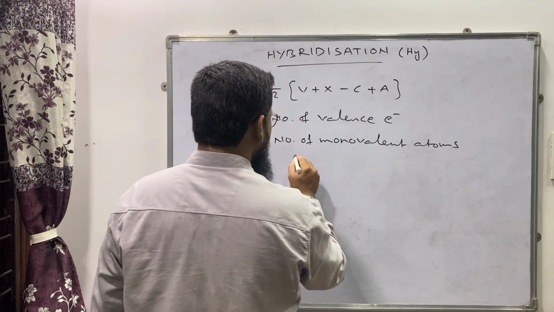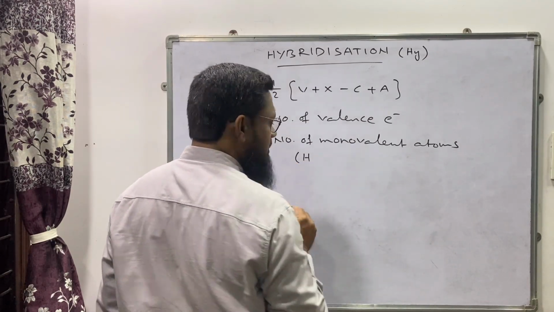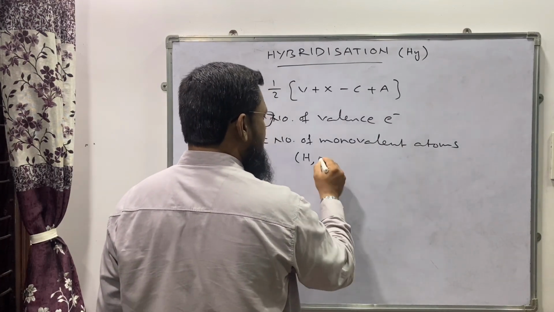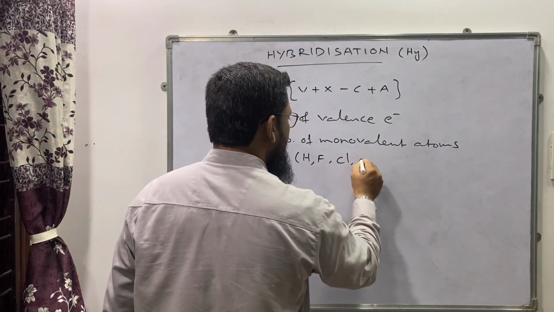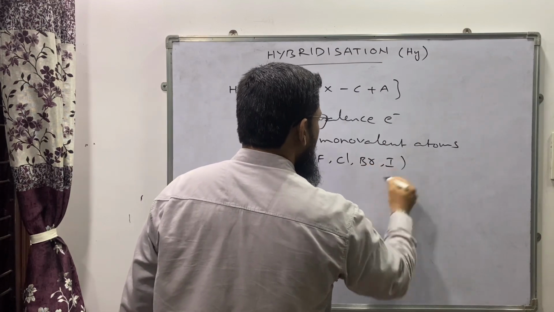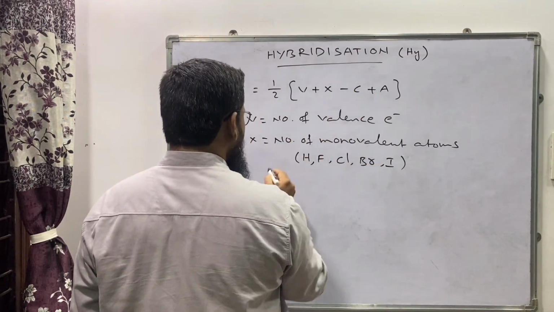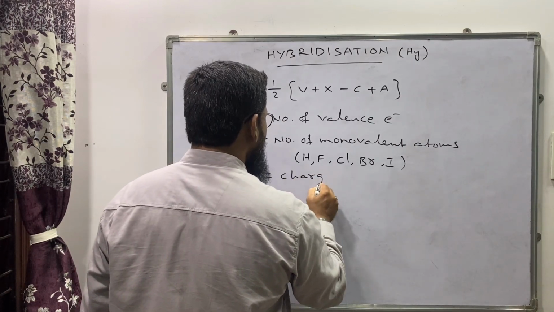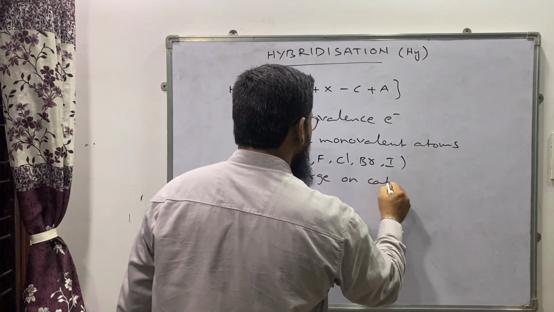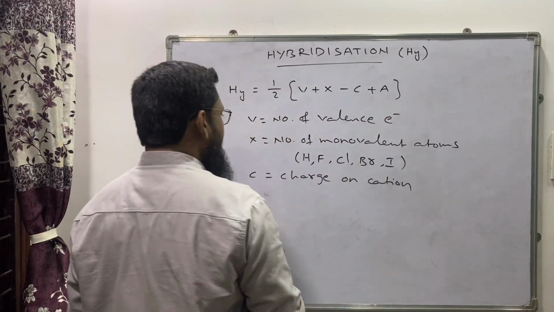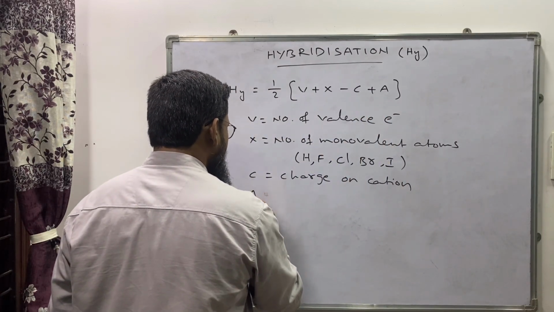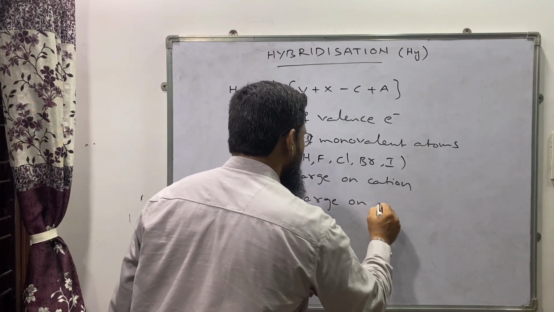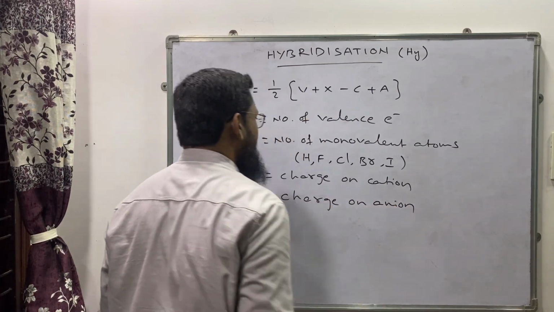For example, you can take hydrogen. Hydrogen can form one bond, as well as the bonded halogens like fluorine, chlorine, bromine, iodine. C is the charge on the cation, and A is the charge on the anion.